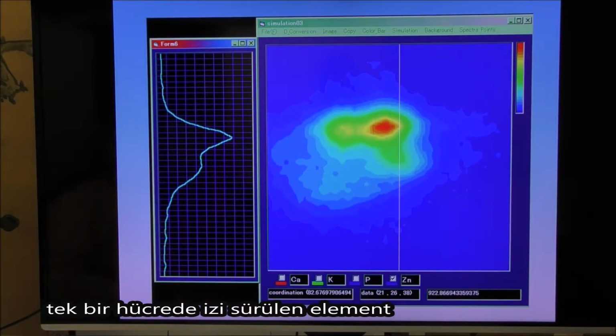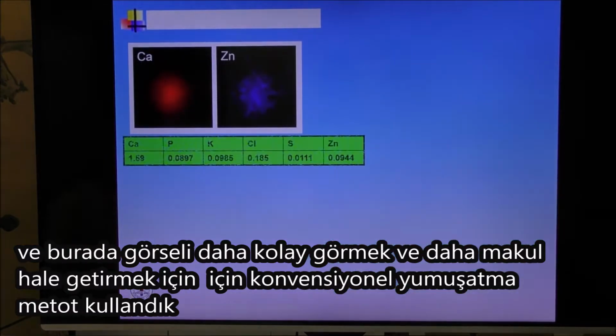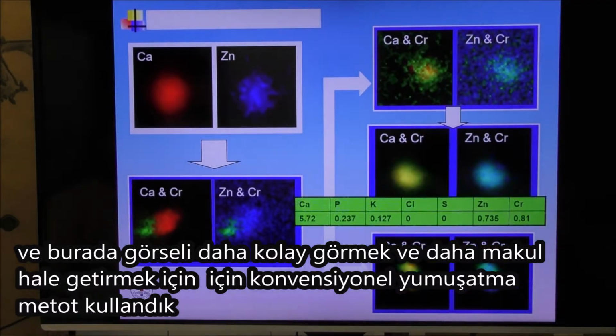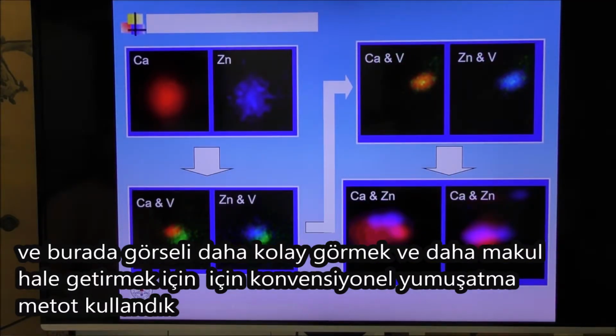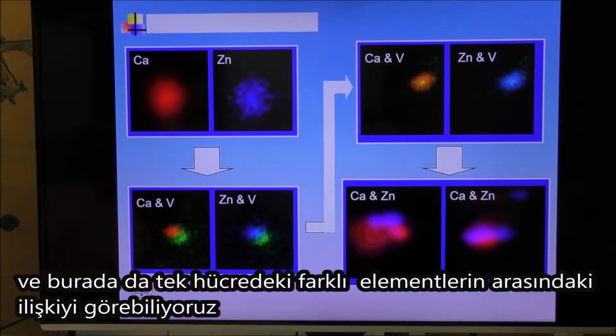And then we use conventional smoothing methods to make the images more acceptable, easier to see. And here we can also see the relation between different elements in a single cell.